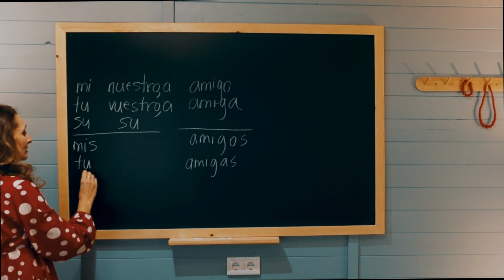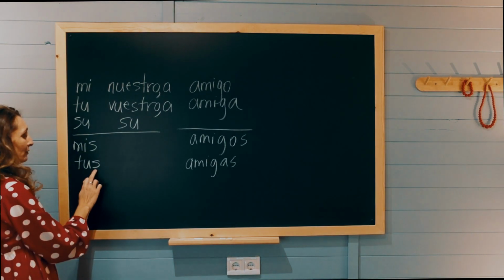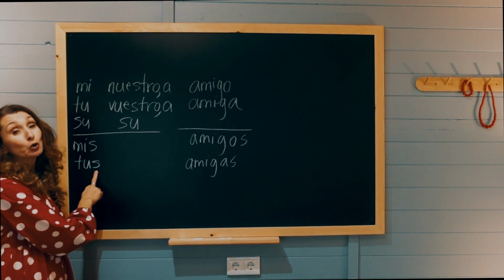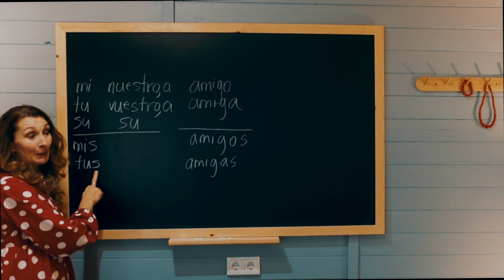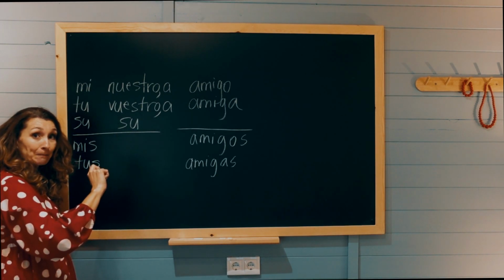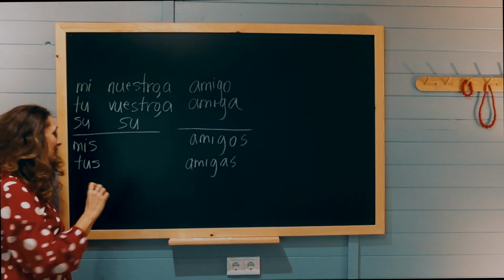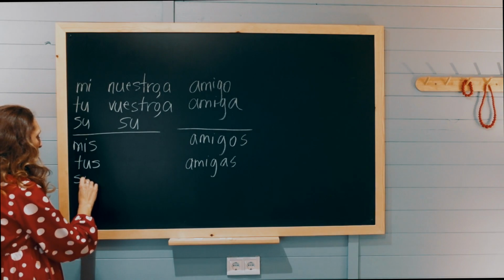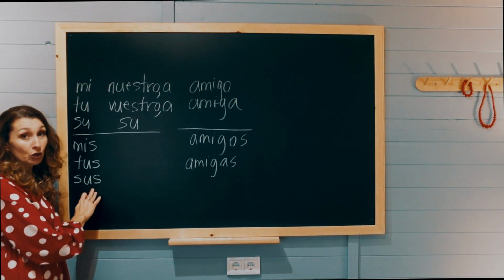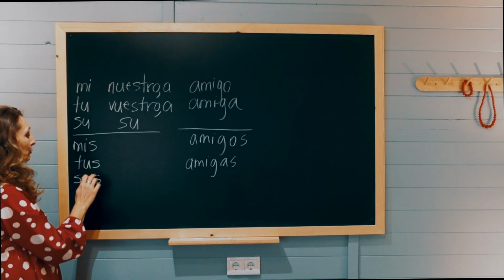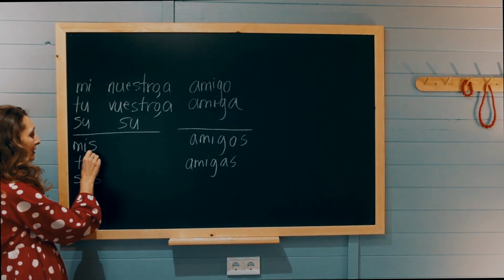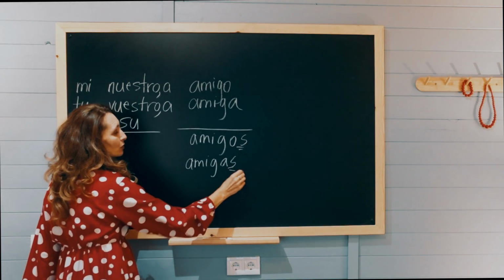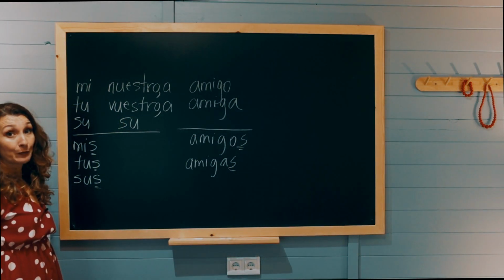Your friends, and because there's more than one, we have plural, tus amigos or tus amigas. And his friends, I don't know, Peter's friends, or Jane's friends will be sus amigos. This plural ending corresponds to the plural of the noun.